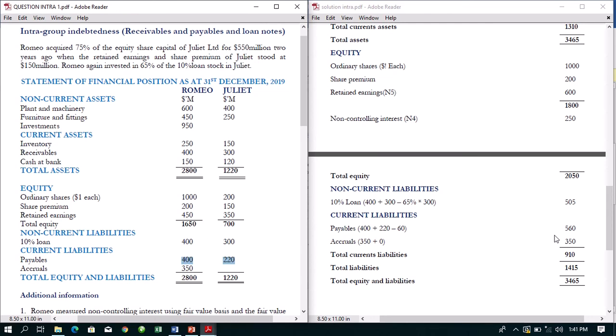Very easy. And the last one in this question, which is accruals, the only accruals we have is 350 plus 0, which gives me a total of 350. Adding my current liabilities together, I am going to get 910. So adding my total liabilities, which is 505 and 910, gives me 1,415, which then gives us the total equity and liabilities to be 3,465. And you can see that at the end of the question, our account definitely balanced.